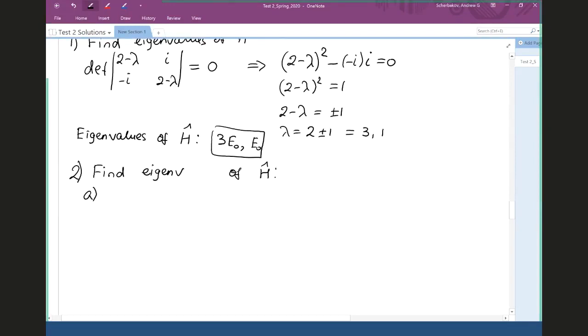What I meant is eigenvectors, because I already know the eigenvalues. So let's find the eigenvector corresponding to eigenvalue 3 E naught. Let's denote that eigenvector as the ket 3 E naught. That's what we're looking for. We're looking for the ket 3 E naught in the Sz basis, which is the basis we're working in. That corresponds to lambda equals just 3.